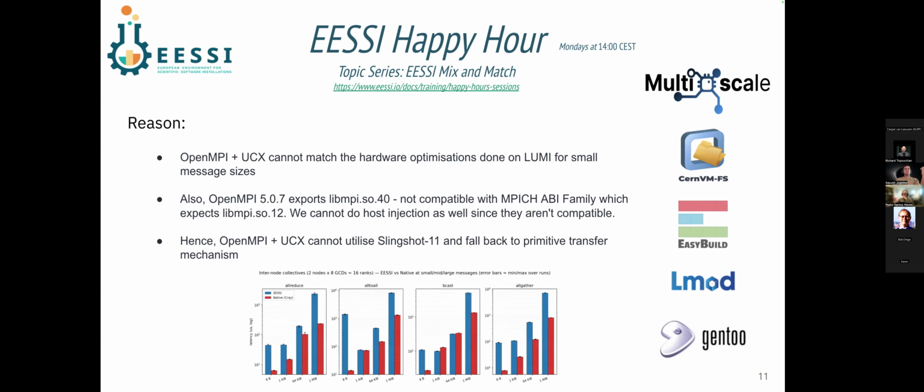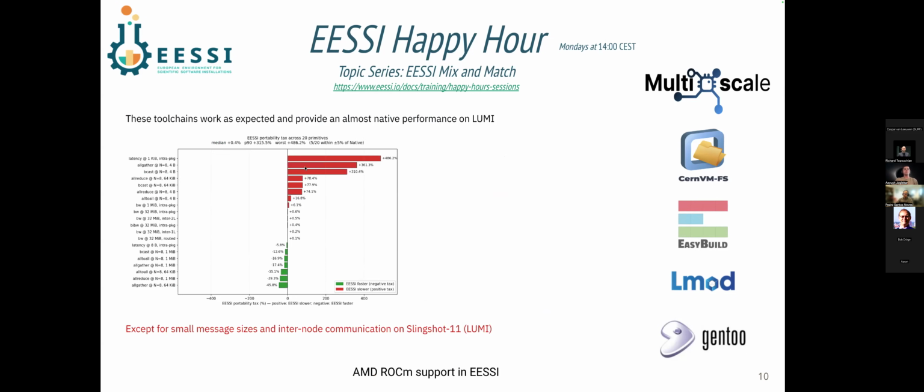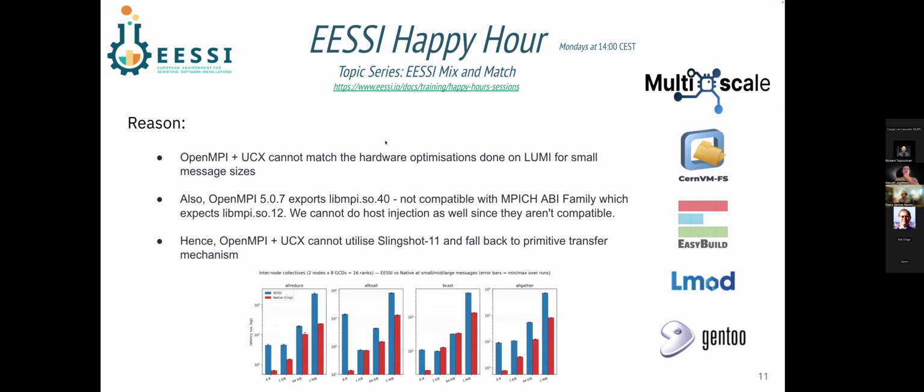So the cost of establishing a network connection is optimized nicely. OpenMPI built with UCX cannot access those hardware optimizations, and thus you can see that EC was actually 500% slower or 300% slower compared to the native installations.